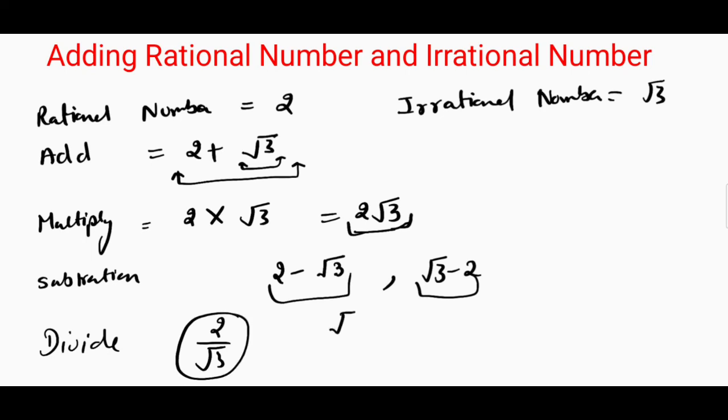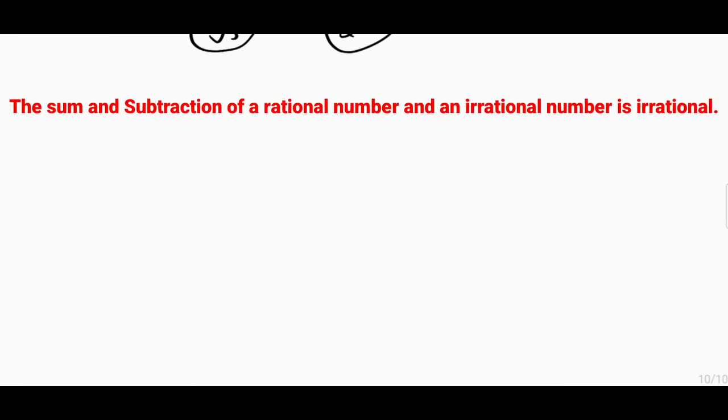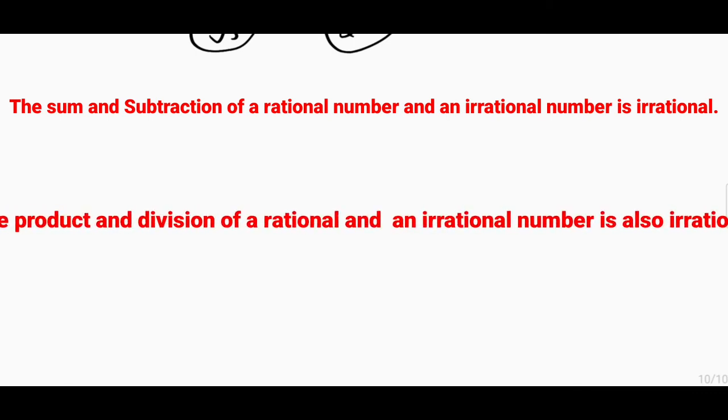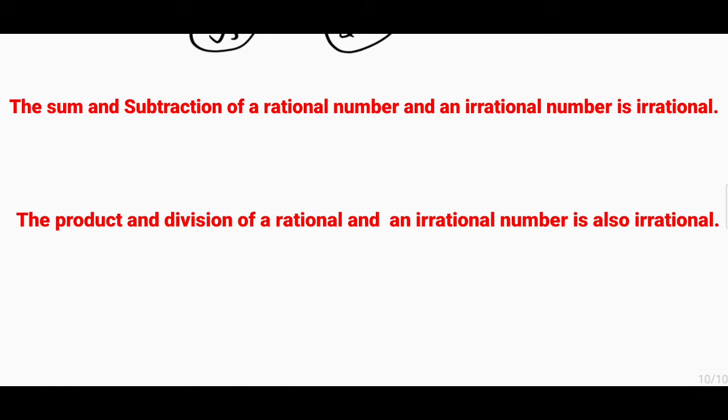Or if I divide square root of 3 by 2, I will get an irrational number. Here we see that the sum or difference of a rational number and an irrational number is irrational, and the product or division of a non-zero rational number with an irrational number is also irrational.